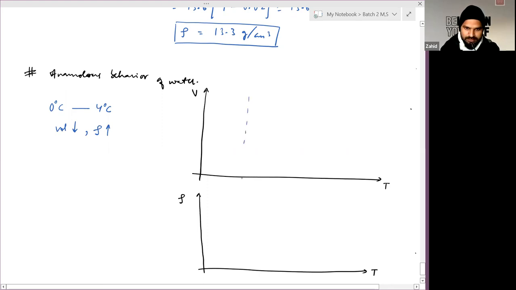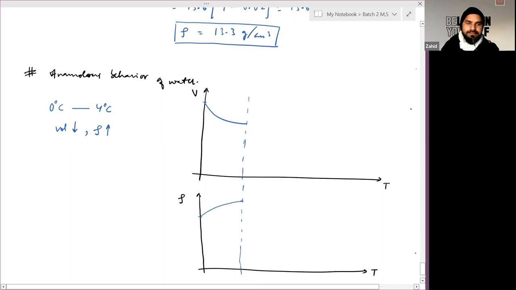Let's say this is 4 degrees Celsius. At 0 degrees Celsius, it will have more volume. On increasing temperature, its volume will decrease to this point. Correspondingly, density will increase due to the decrease in volume.